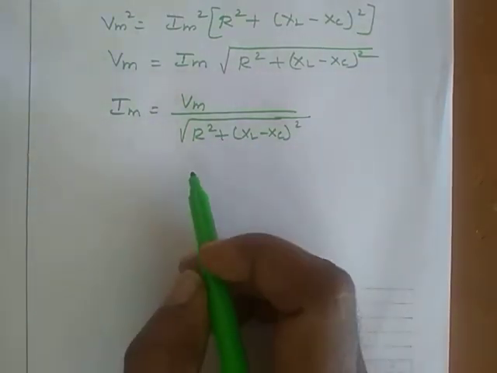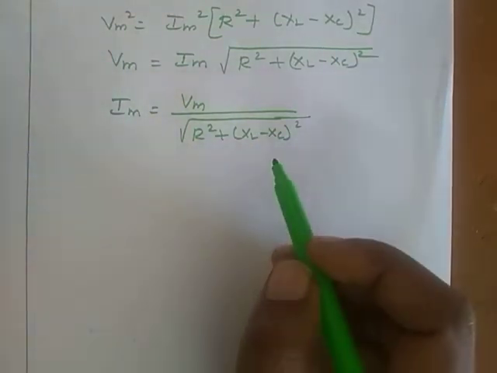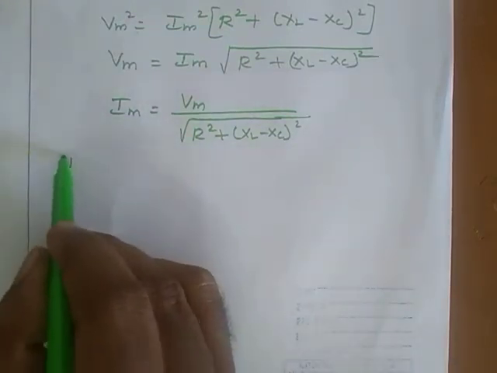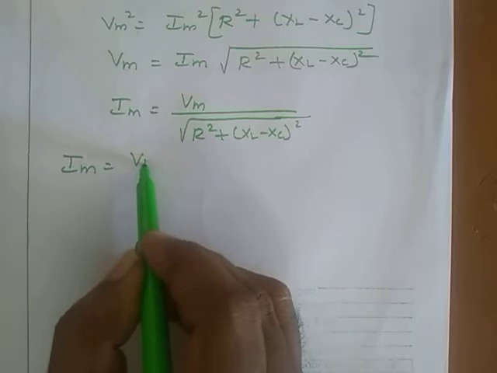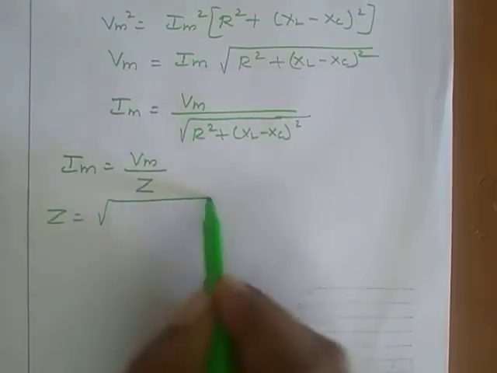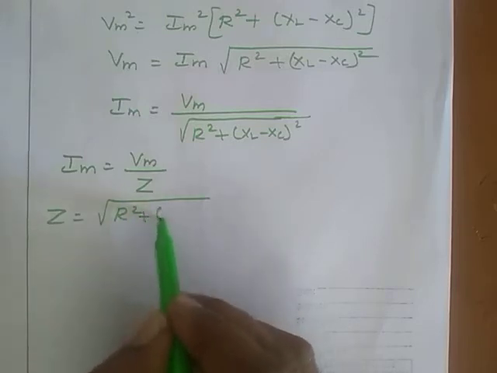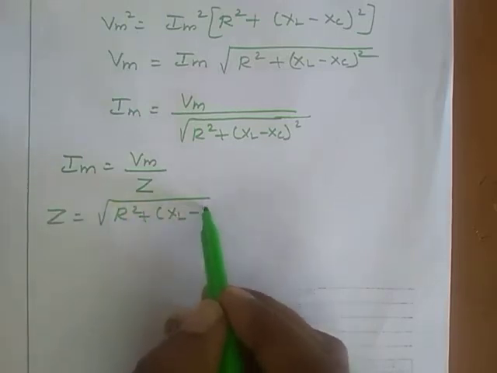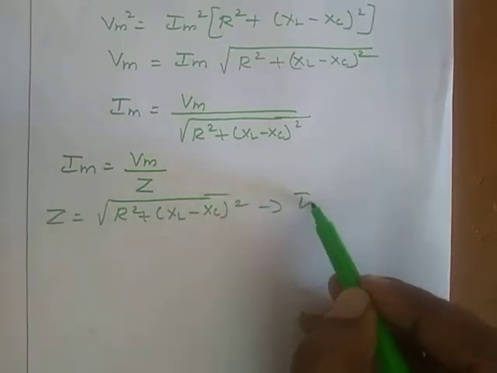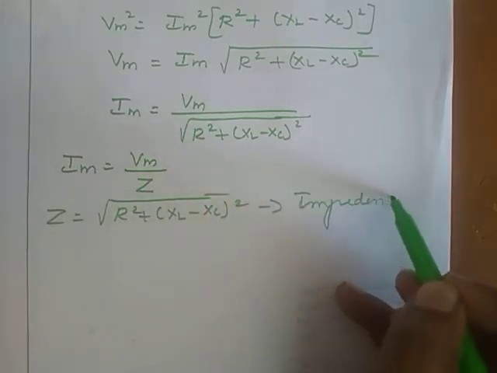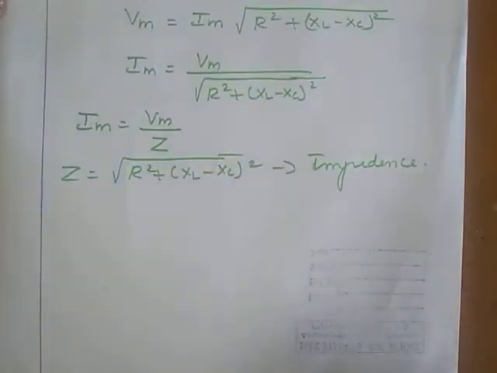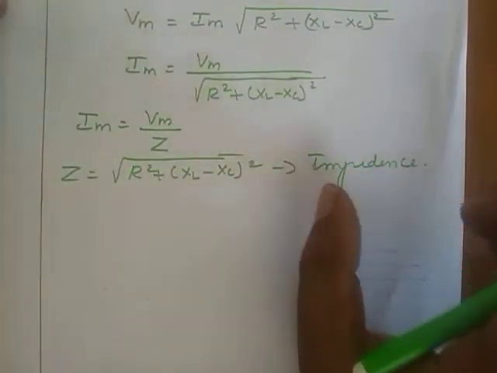We can write Im is equal to Vm by Z. Here Z is equal to root of R square plus XL minus XC whole square. It is known as impedance, the net opposition offered to the current flow by the RLC circuit.